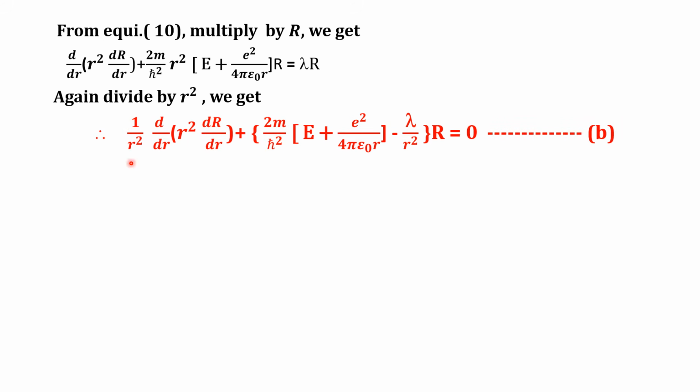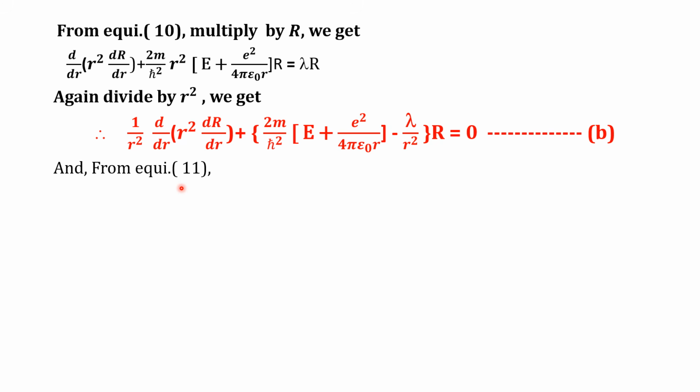It becomes 1/r² d/dr(r² dR/dr) + (2m/ħ²)(E + e²/4πε₀r) R − lambda R/r² = 0. Equation B is known as the radial part of the equation.